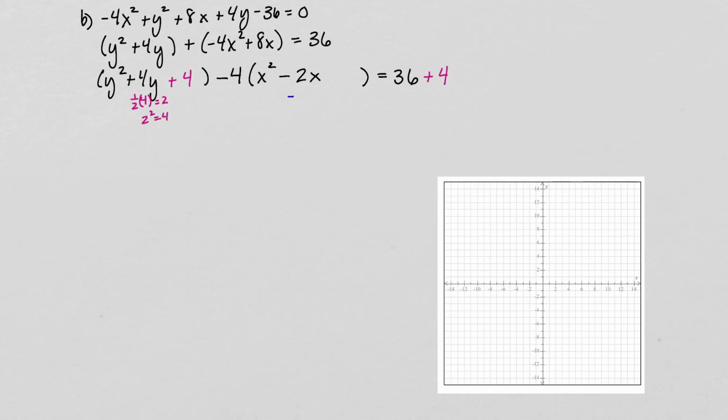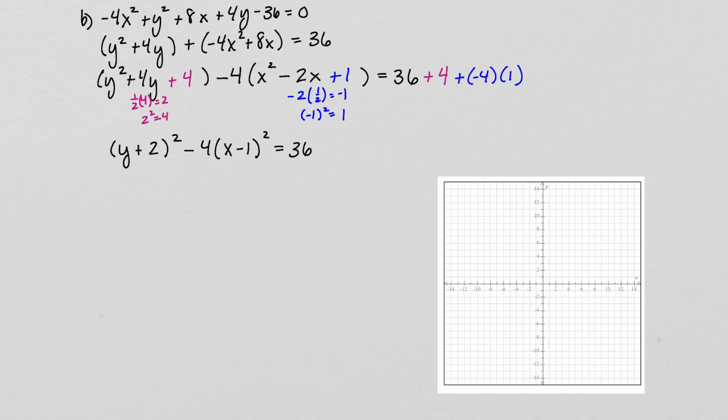If I look at this middle one, minus 2 times 1/2 is negative 1. Negative 1 squared is 1. So I'm adding 1. So since I add 1 to the left side, I have to add to the right side. But remember, I didn't add just 1. I added negative 4 times 1. So in this case, we end up with y plus 2 quantity squared minus 4 times x minus 1 quantity squared equals 36.